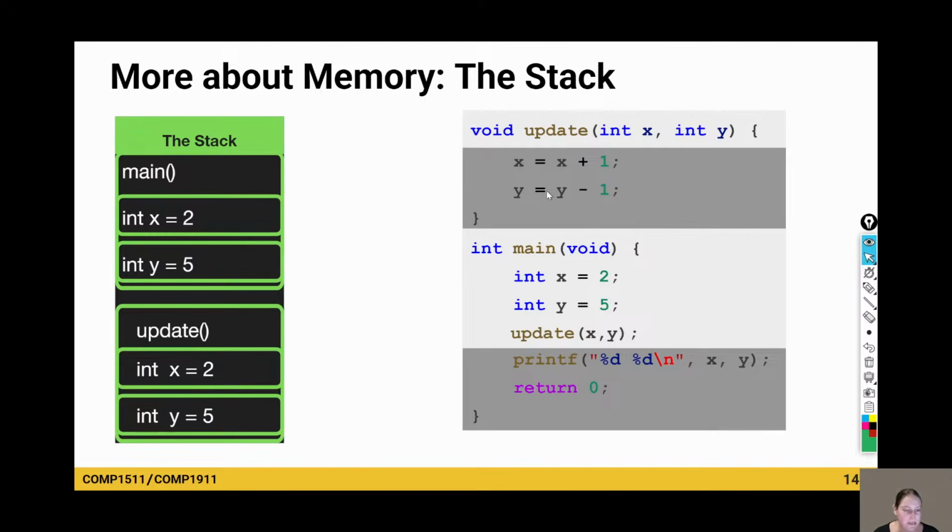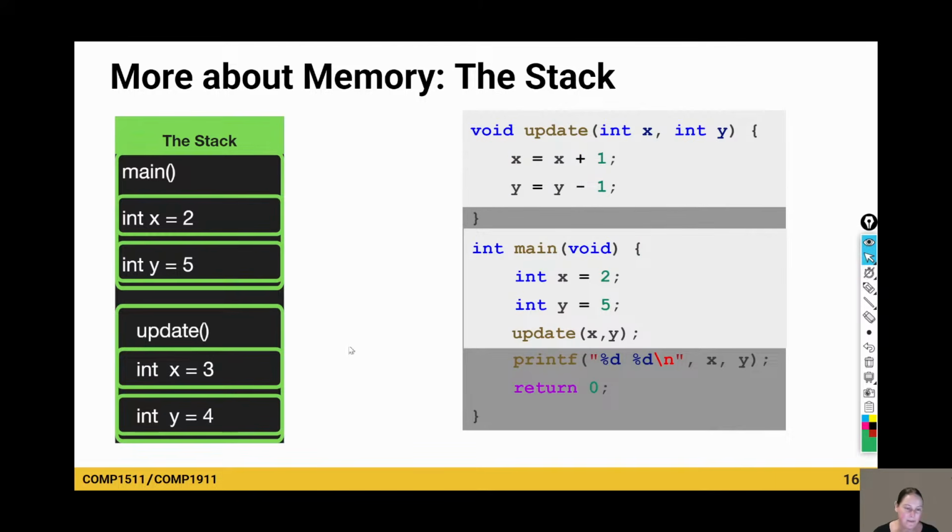So in update, we're going through and modifying our x and our y, but we're modifying the local copies we have. If I sent you a copy of a file and you changed it, my original hasn't changed.